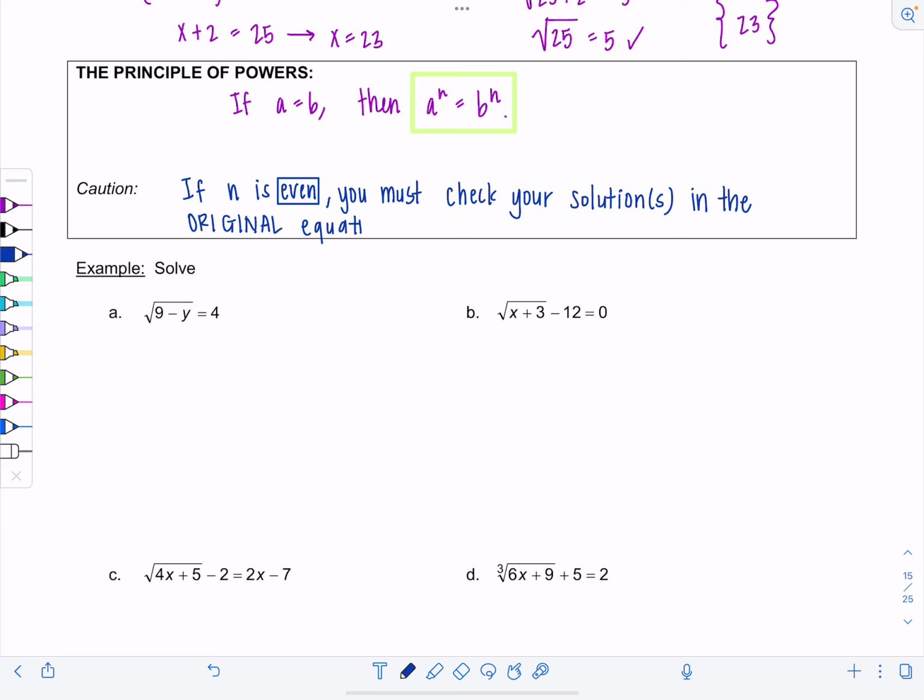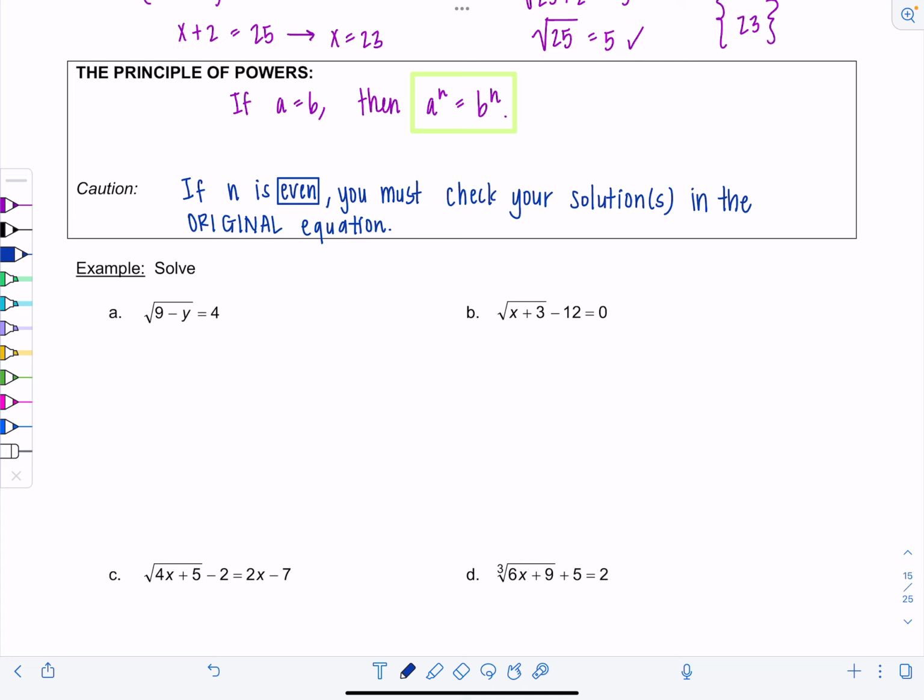Okay, so basically if you square both sides, if you raise both sides to the 4th power, to the 6th power, etc., you gotta check your answers in the original equation. Sometimes you'll have extraneous solutions that don't satisfy the original. If you raise both sides to an odd power, like you cube both sides, you don't have to worry about it. Okay, but if you're the especially paranoid type of student, then just check them all, whatever, you know?